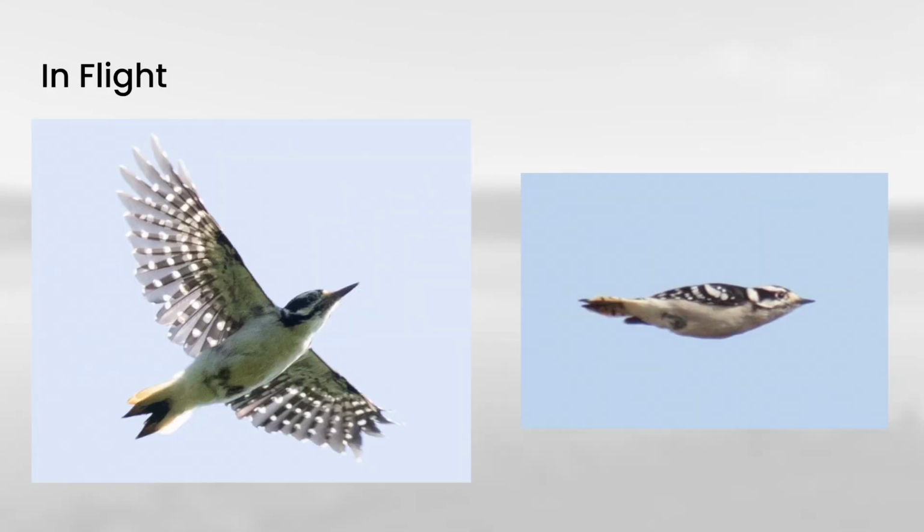And in flight, you are looking largely for those same features I just mentioned. You can see on this hairy woodpecker, you've got a fairly long bill and clean white outer tail feathers, whereas on this downy woodpecker, you have this nice short bill and definitely have some dark markings here in the outer tail feathers.